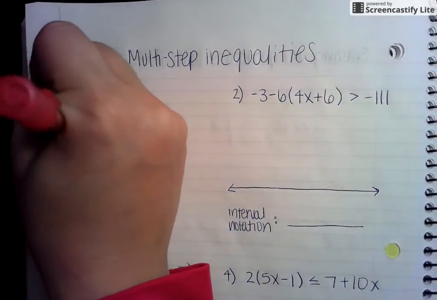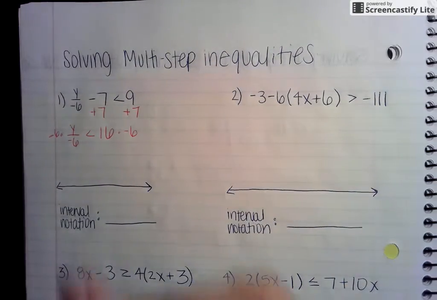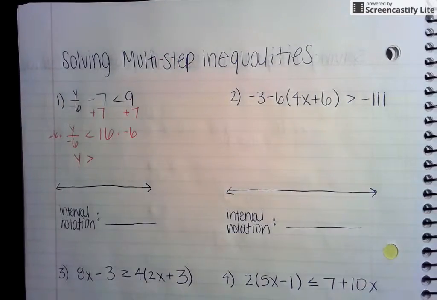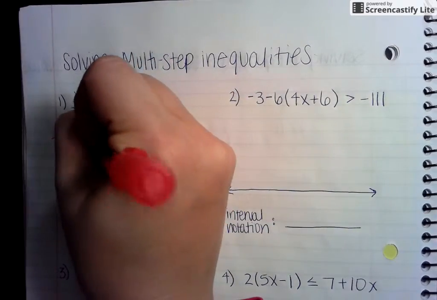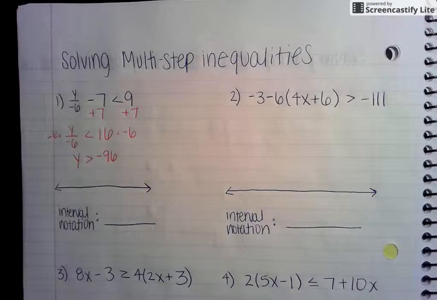So because we're multiplying by a -6, we're going to flip the sign. So in this case, we have y is greater than or equal to -96. So now we're done solving because y is by itself, but we have to fill out our number line.